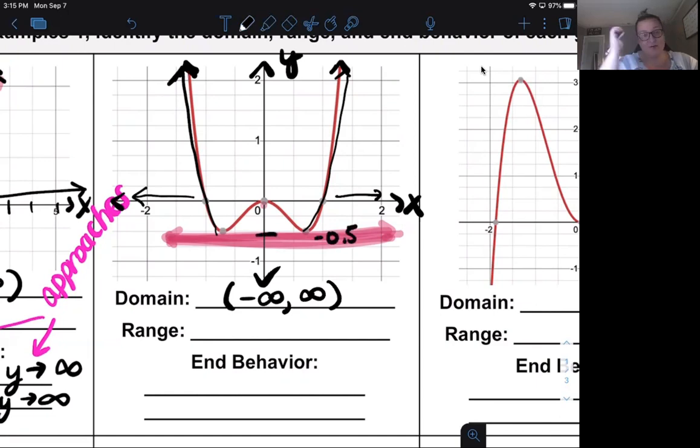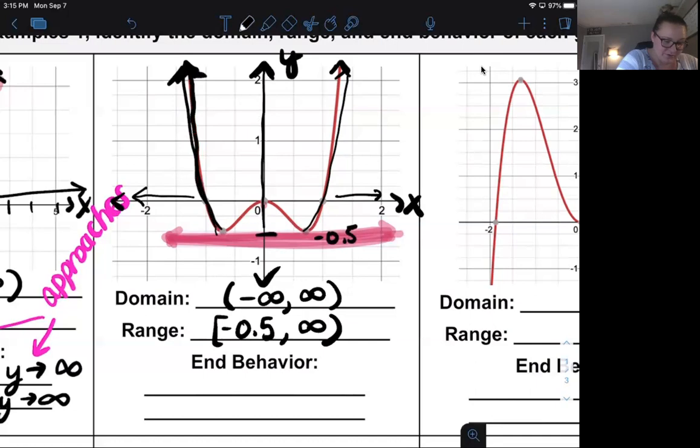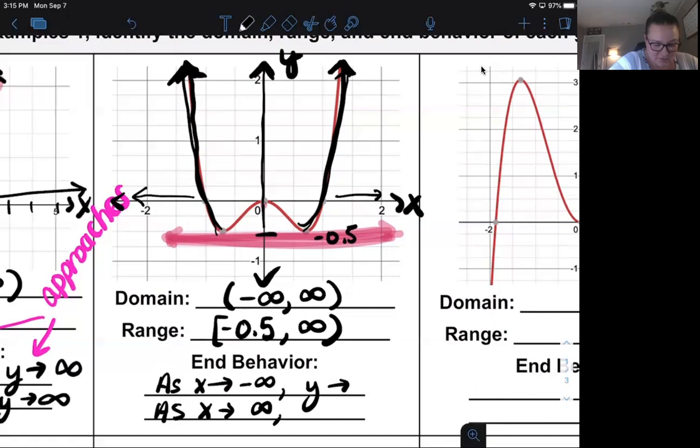So if all the y's are greater than negative 0.5, that means that negative 0.5 is the least y can be, and the greatest it can be is positive infinity, because our graph is going up in that positive y direction forever. So now let's talk about our end behavior. For our end behavior, we're going to describe as x approaches negative infinity, y approaches, and then as x approaches positive infinity, y approaches.